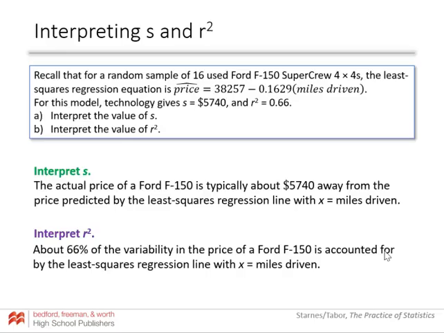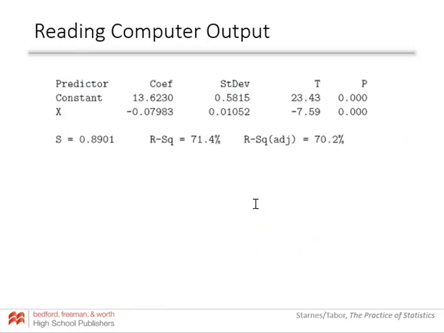Have things been replaced by the previous owner? So what we're saying is miles driven accounts for about 66% of the price, and all of those other things make up the other 34% that changes the price.